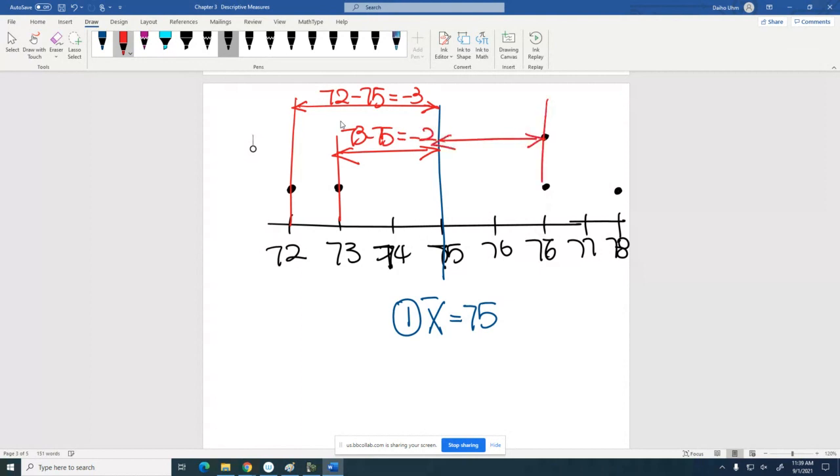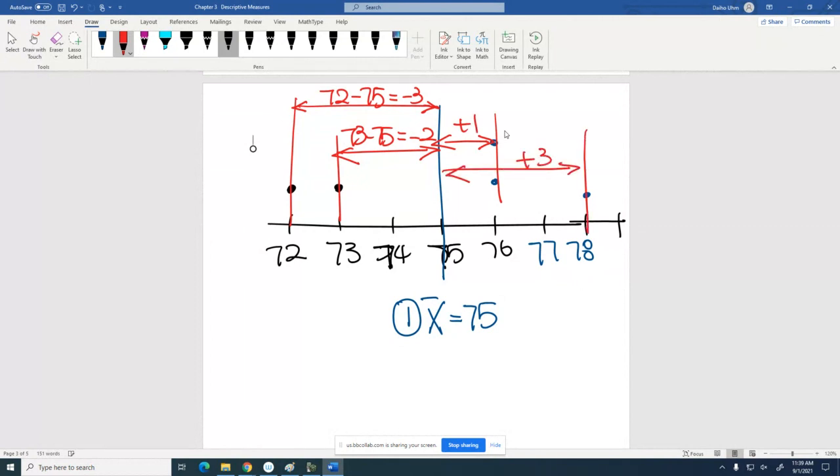And now it's between 76 and 75. Uh-oh, just a second, I made the scale the wrong way. Why didn't you tell me? It must be 75, 76, 77, 78, and we have 2 76s and 78. Yes, now it is correct. The distance is +1, and the distance will be +3.